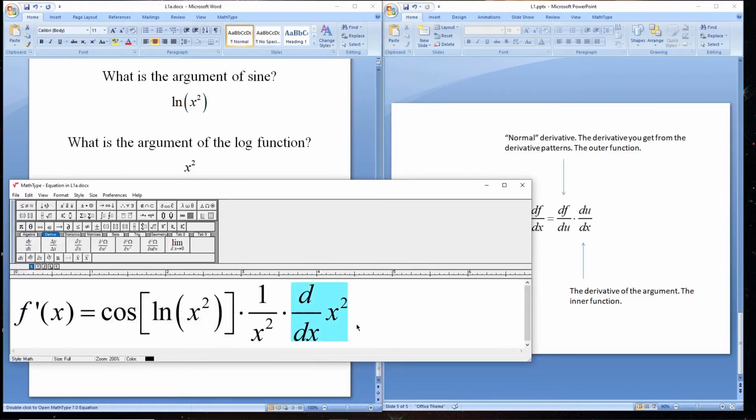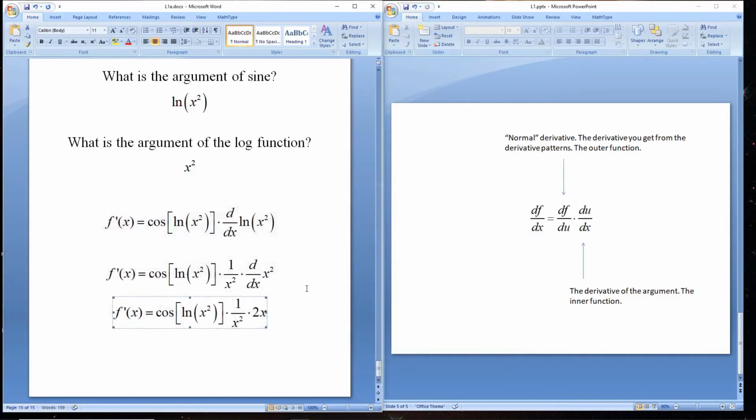Now notice x squared is our derivative pattern, which means there's no more chain rule. The chain rule stops once you get to the straight derivative patterns. So now we have, what's the derivative of x squared? Well, the derivative of x squared is 2x. And there's no more inner function, and so there's no more chain rule.